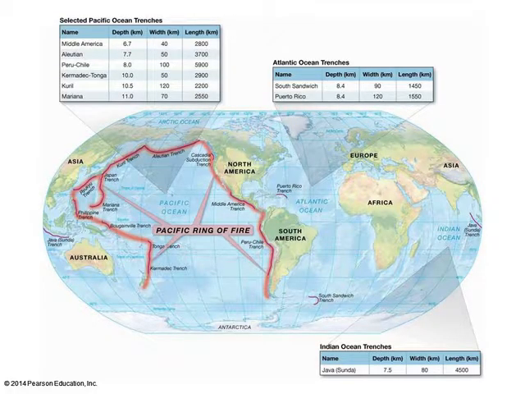When you look at this image here, you can see the majority of the trenches are located in the Pacific Ocean, and that's basically what makes up the Ring of Fire in the Pacific Ocean. Versus the Atlantic, you can see only two small trenches. You see the Puerto Rico Trench and the South Sandwich Trench down in the Southern Ocean.